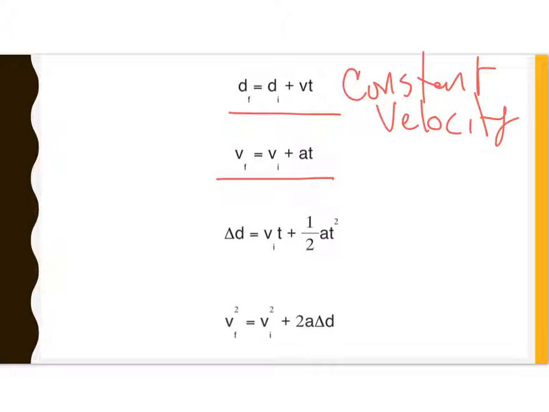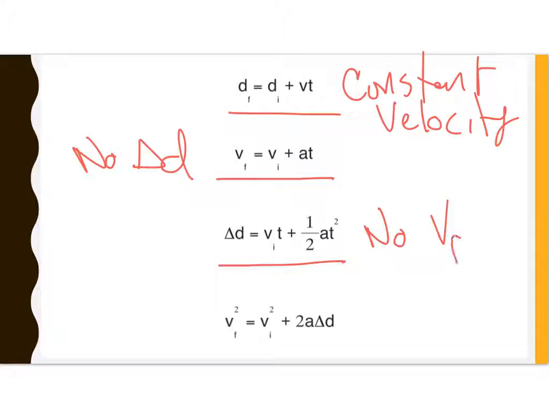The second equation does not have displacement. So if the question does not say anything about displacement or does not give you displacement, then you would use this equation. This third equation does not have final velocity. So anytime you have a problem where you do not have the final velocity, or you don't need the final velocity, then you can use this equation.